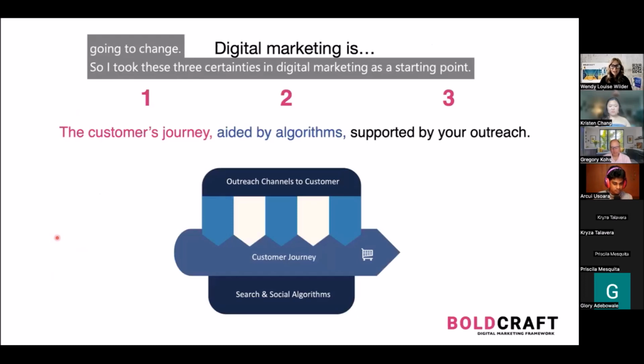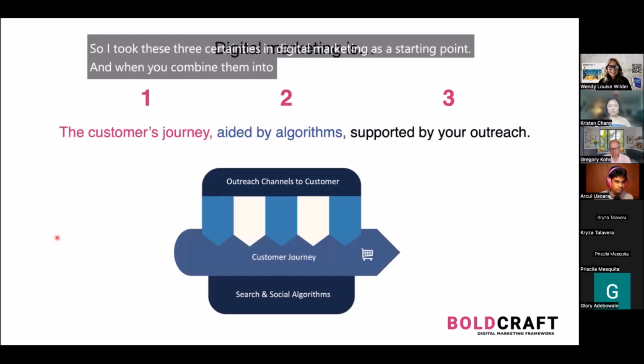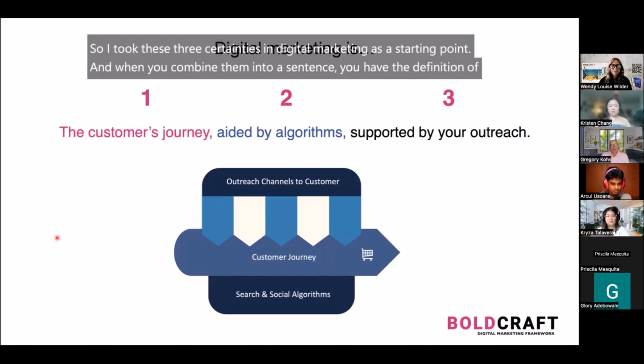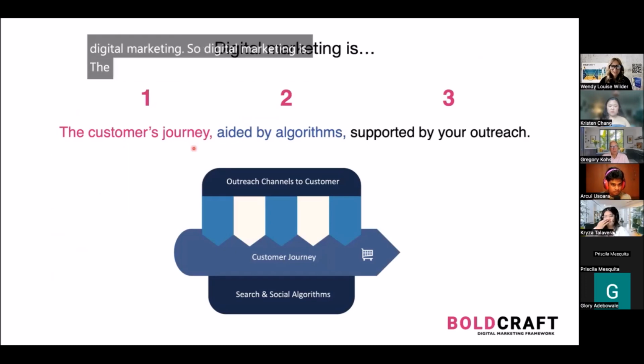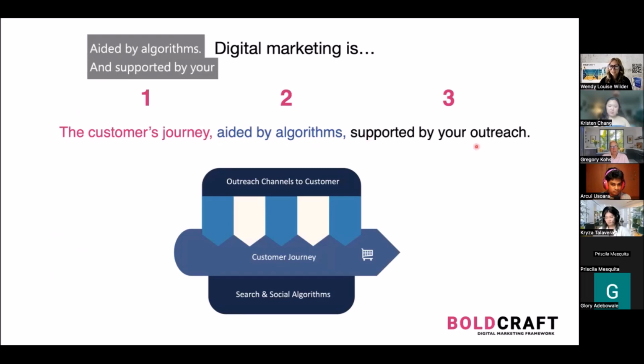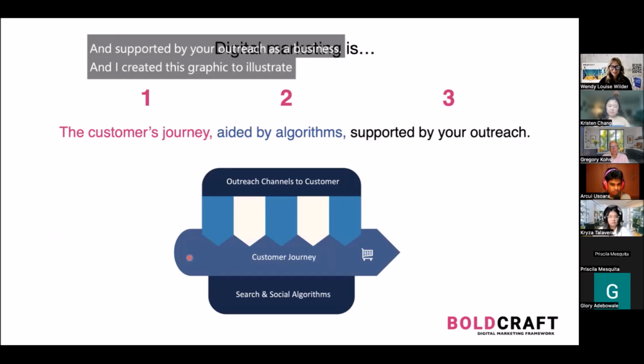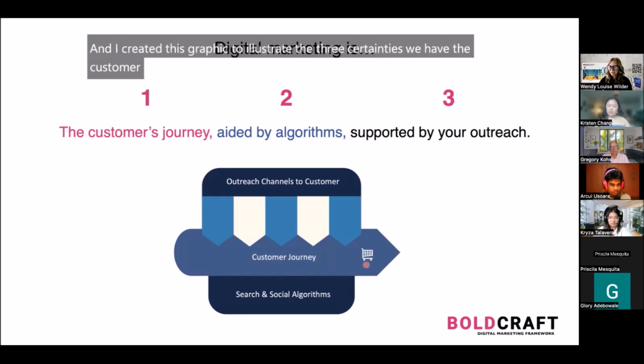And when you combine them into a sentence, you have the definition of digital marketing. So digital marketing is the customer's journey, aided by algorithms, and supported by your outreach as a business. And I created this graphic to illustrate the 3 certainties. We have the customer journey, working towards a purchase.